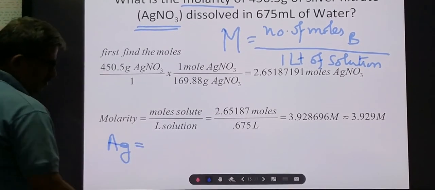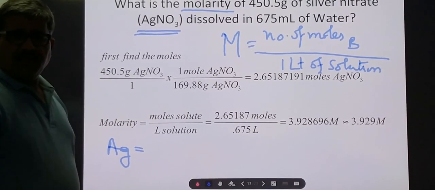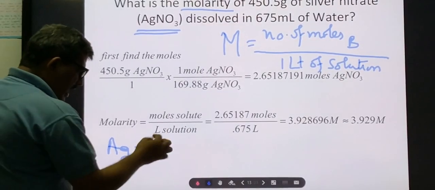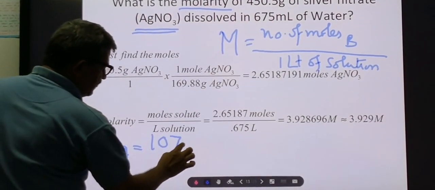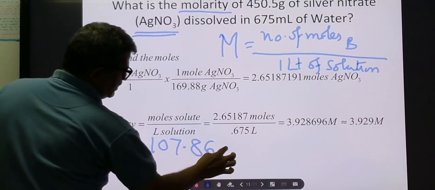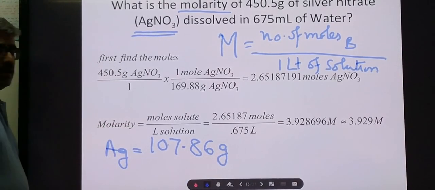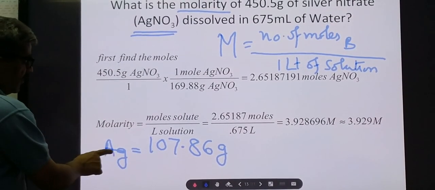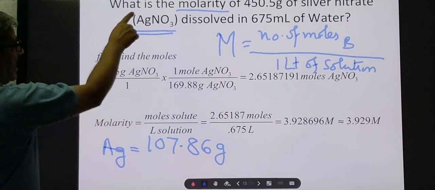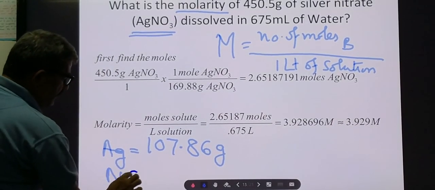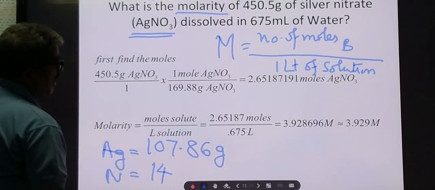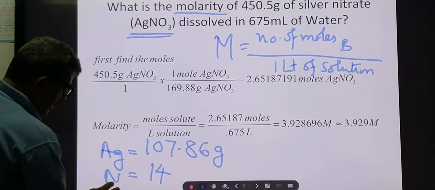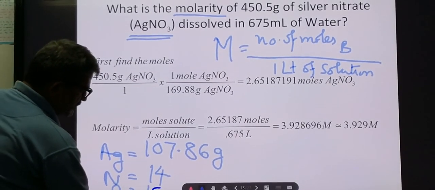Usually we take it as 108, but actually it is 107.86 grams. Nitrogen atomic weight is 14 grams. Oxygen is 16 grams.